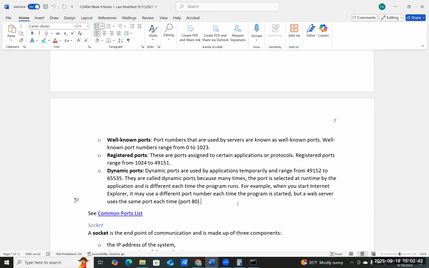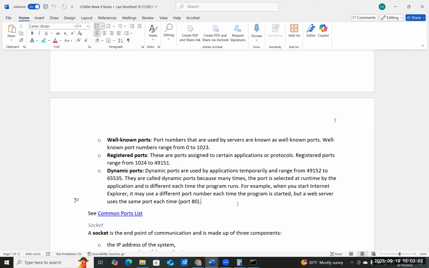And then once it's done, it's going to give it back to the pool, and it's going to pick up another value the next time it runs something else. So dynamic port is not permanent. It is not statically registered. It's just something that's temporarily used for a certain service.